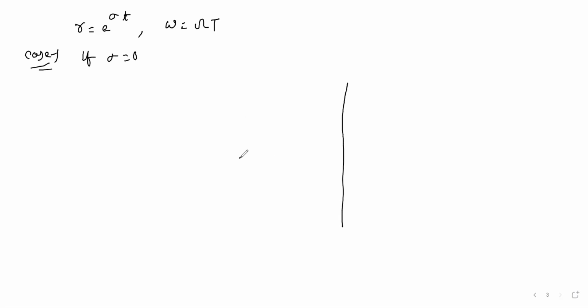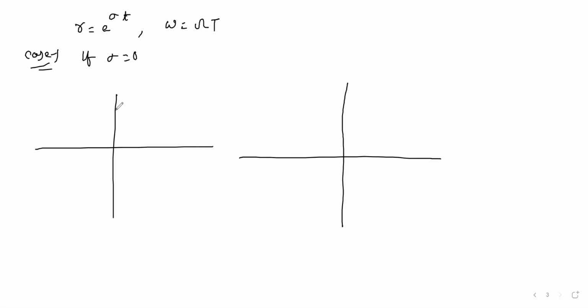If you see the mapping, we got r equals e to the power sigma T and omega equals capital omega T. Okay. Now the first case I will take is sigma equals 0. If you take sigma equals 0, then what will happen?